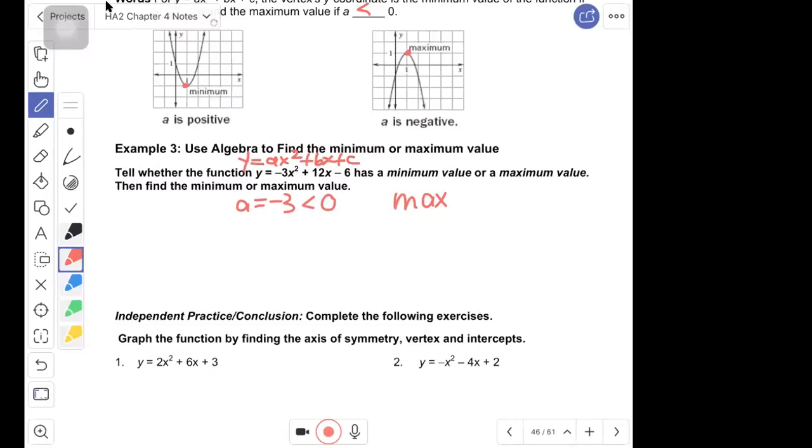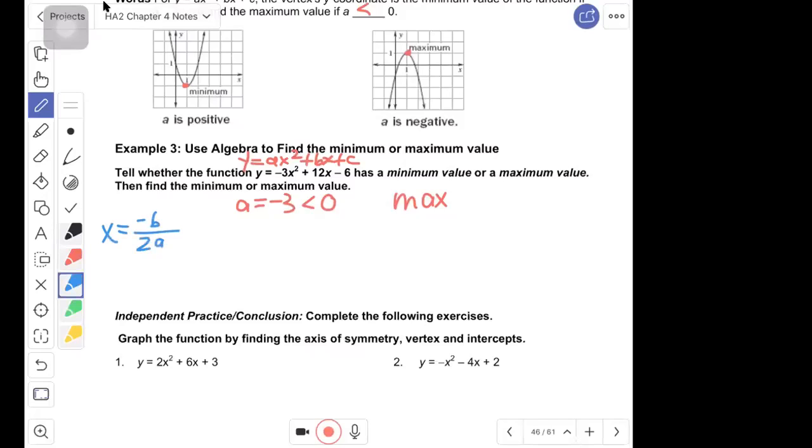Ella or Jaden, go ahead. What was our step to find the vertex? Don't we have to find the line of symmetry first in order to find the point? Yes, we have to get that axis of symmetry. How did we do that, Jaden? We take x equals negative b over 2a.